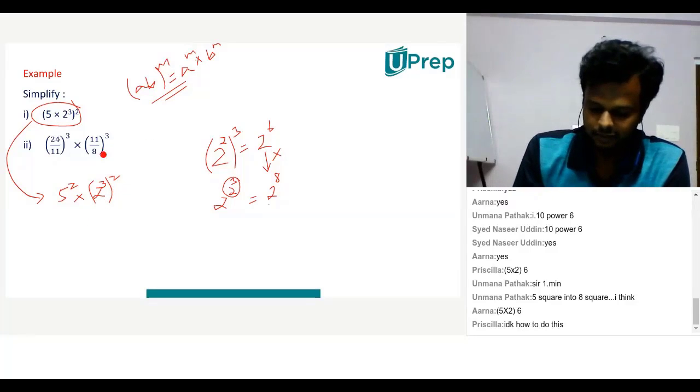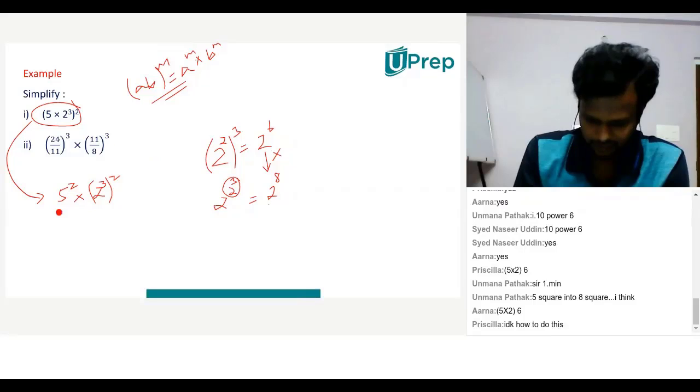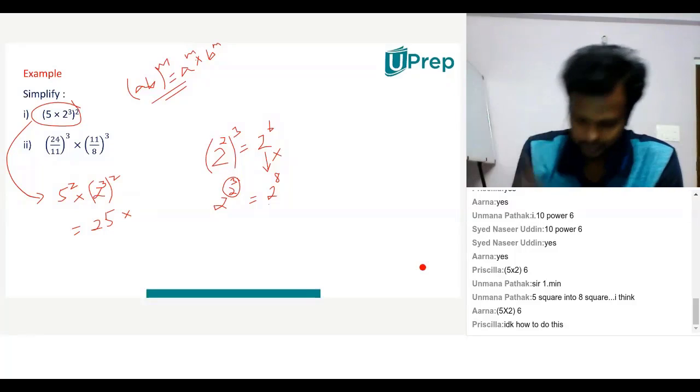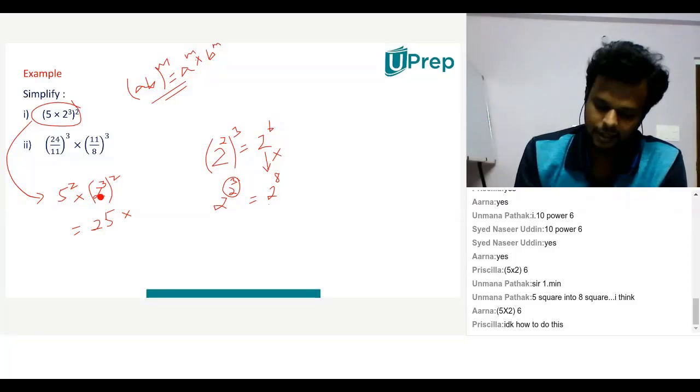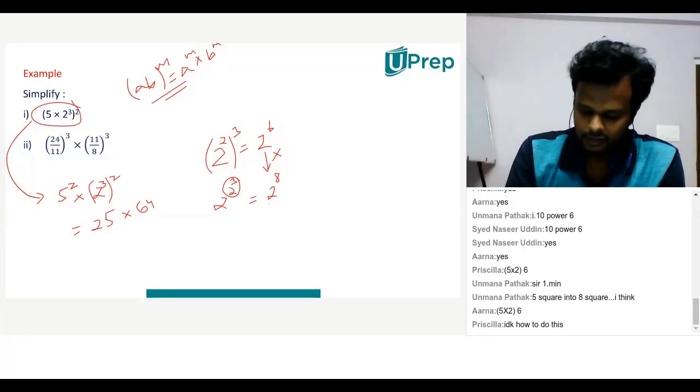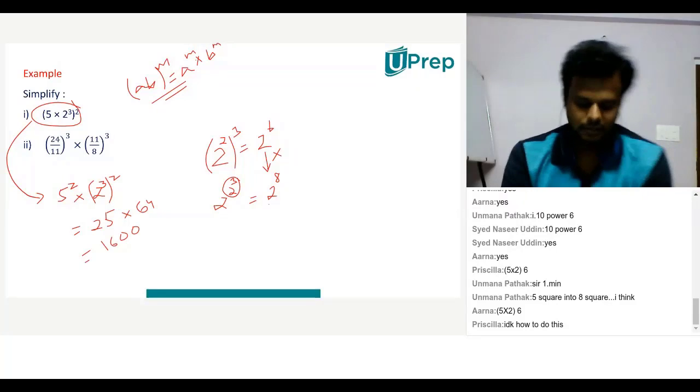If I have to write the final answer, 5 square is 25, isn't it? 5 into 5 is 25. And 2 cube here is 8, and 8 square is 64. So 25 into 64 is 1600.